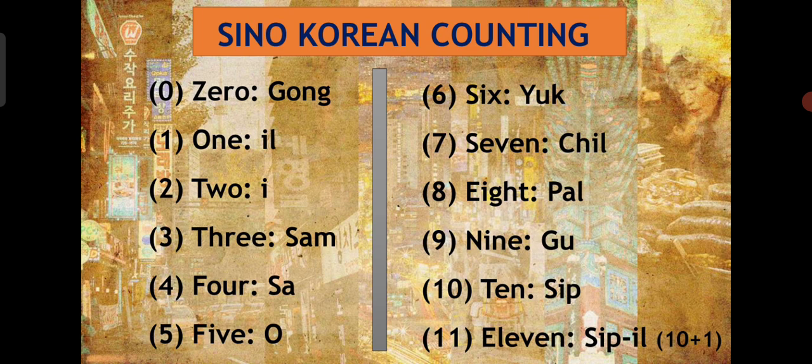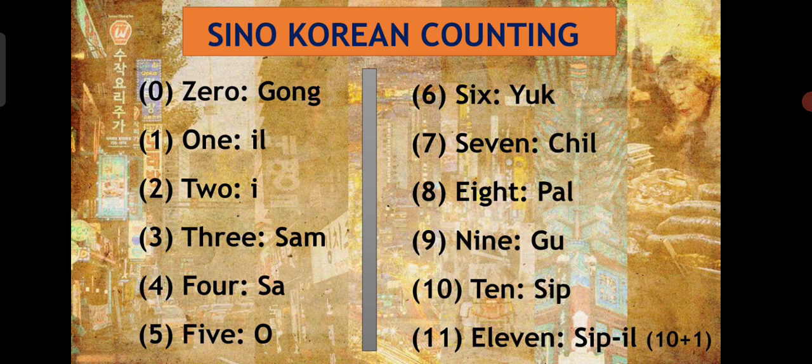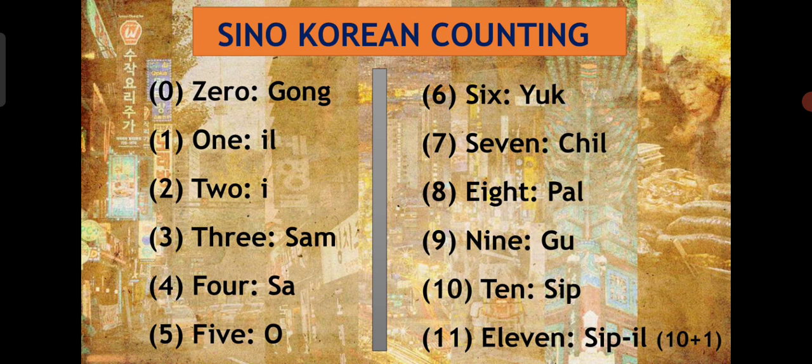So it becomes shipil, which is 11 in Korean. So repeat after me. Gong, il, e, sam, sa, o, yuk, chil, pal, gu, ship, shipil.